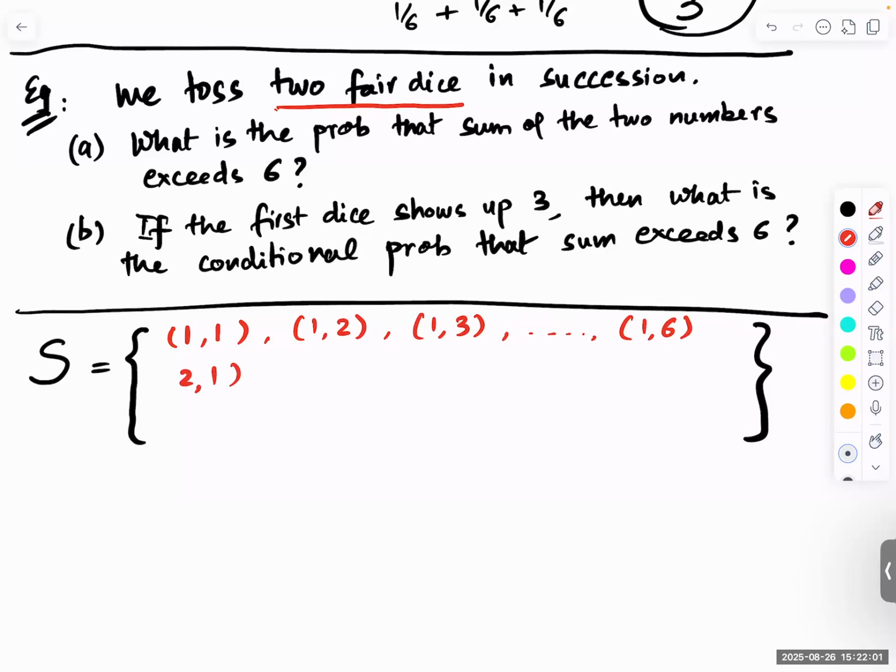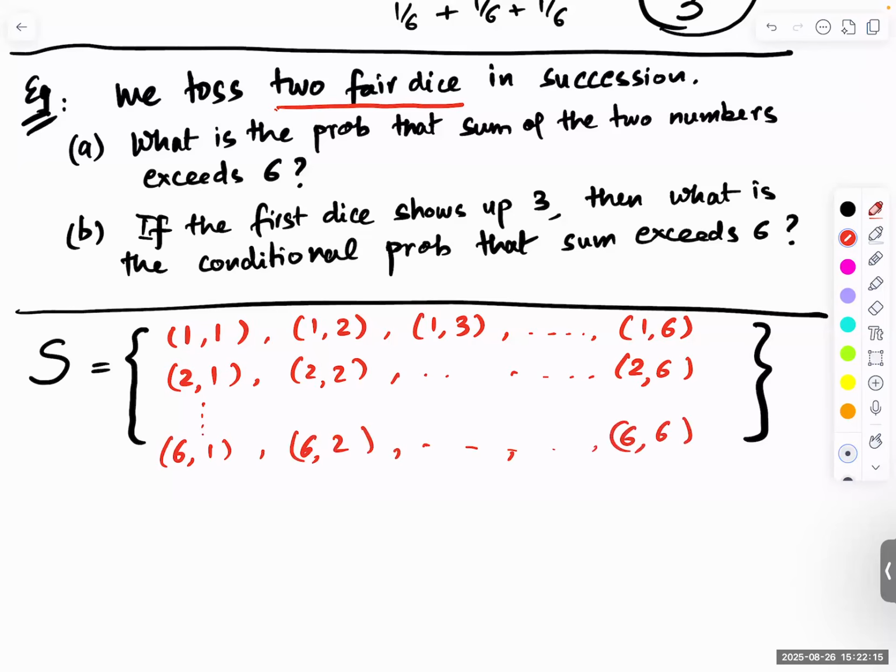Then 2 and 1 is a possibility, 2 and 2 is a possibility, 2 and 6 is a possibility. And you know the drill, 6 and 1 is a possibility, 6 and 2 is a possibility, 6 and 6 is a possibility. These are all possible ways you can observe different outcomes when you toss two dice in succession.